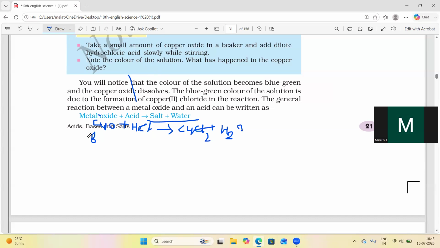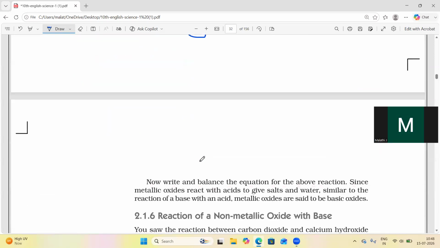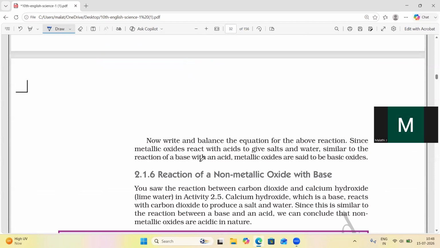Copper oxide is black in color, and you will get copper chloride in blue green color. So they will ask: when copper oxide is added to HCl, you get copper chloride, did you observe the color, what is the color change? Another example you can also take.